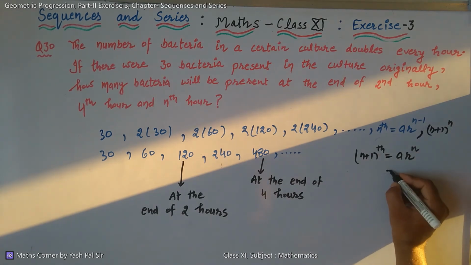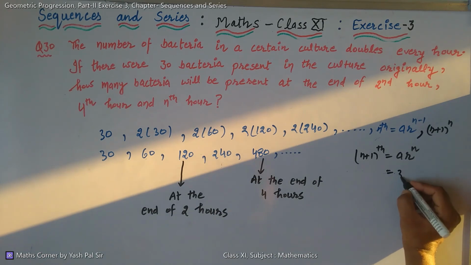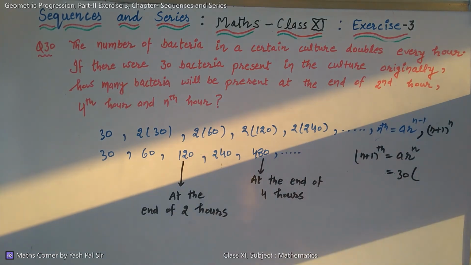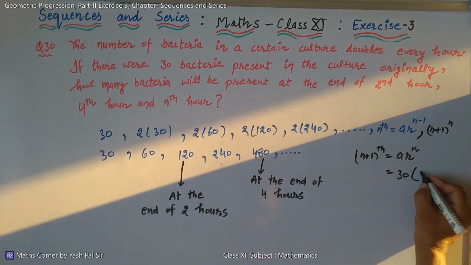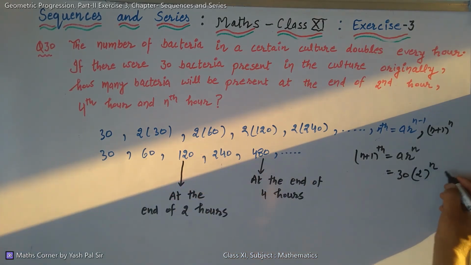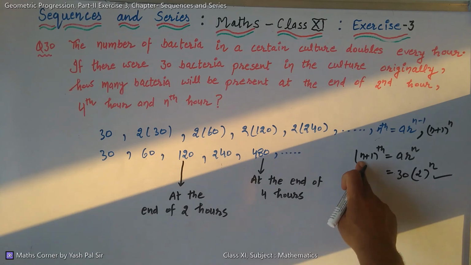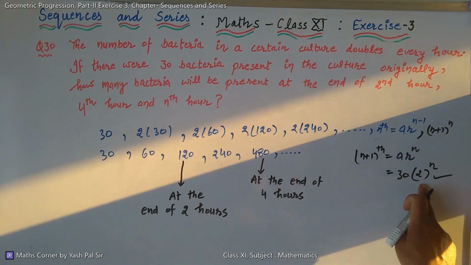What is a? A is equal to 30. And what is r? 60 divided by 30, 2 raised to power n. So at the end of n hours, 30 into 2 raised to power n bacteria will be present in that certain culture.